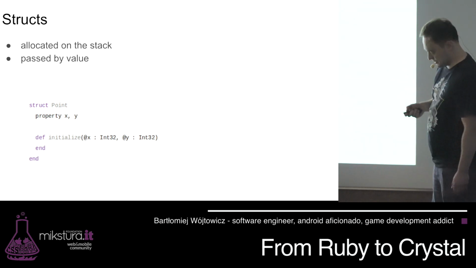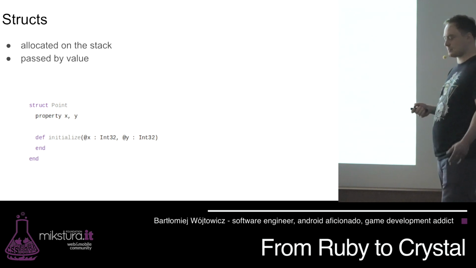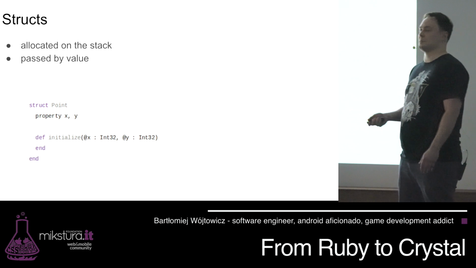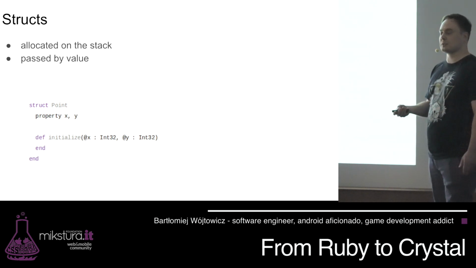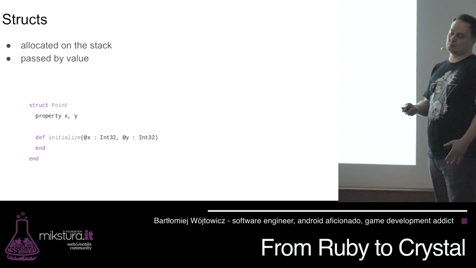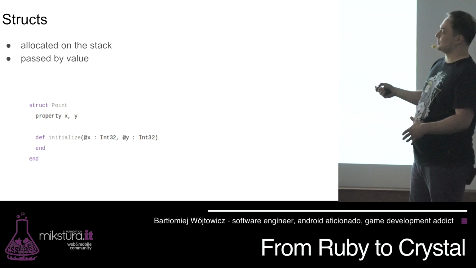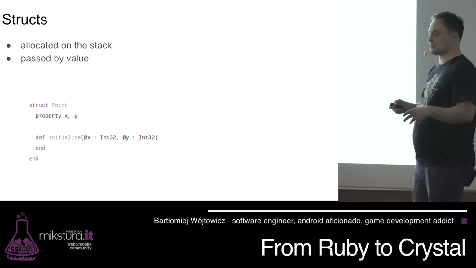And structs is another concept. Every class in Crystal is allocated on the heap. So if you allocate memory for this object, it will be put somewhere in the memory. But in a struct, the memory allocated by the struct is contiguous.